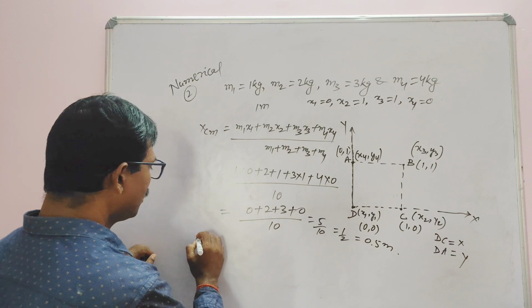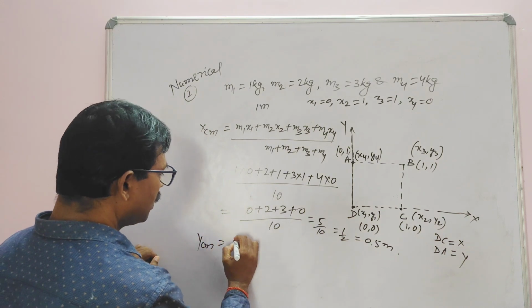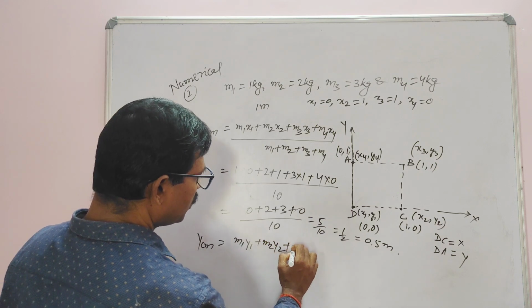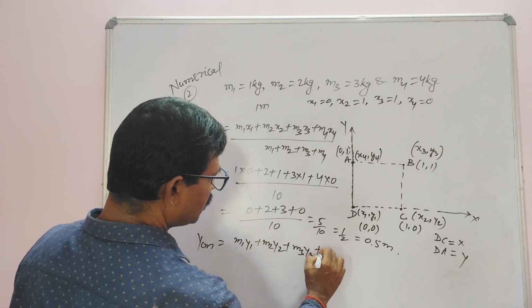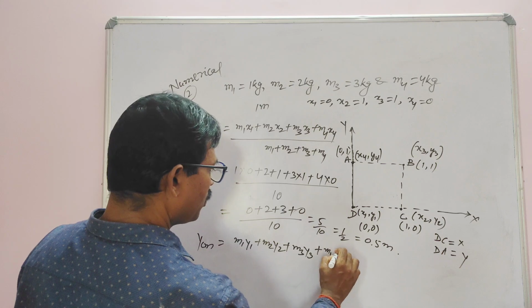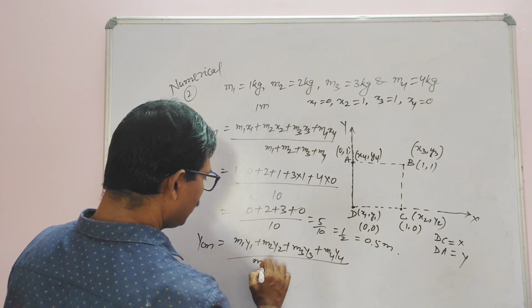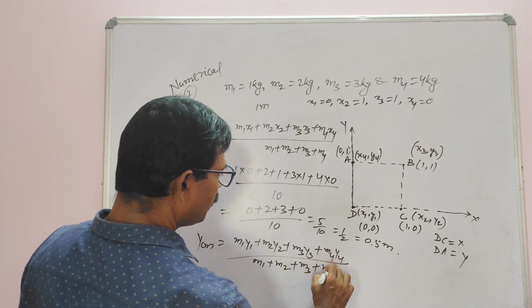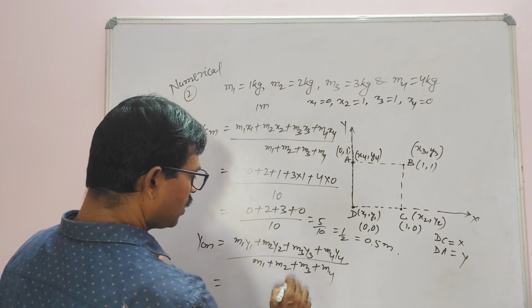In this way, for YCM you will calculate m1 y1 plus m2 y2 plus m3 y3 plus m4 y4 divided by m1 plus m2 plus m3 plus m4. Put the values, get the answer.